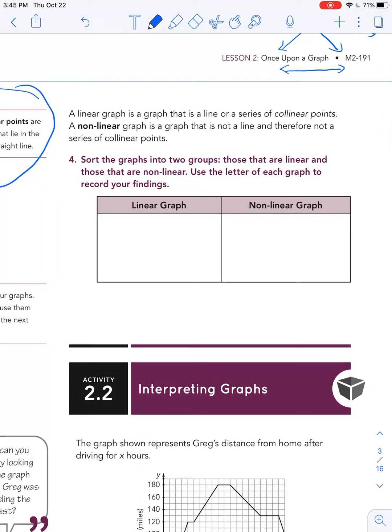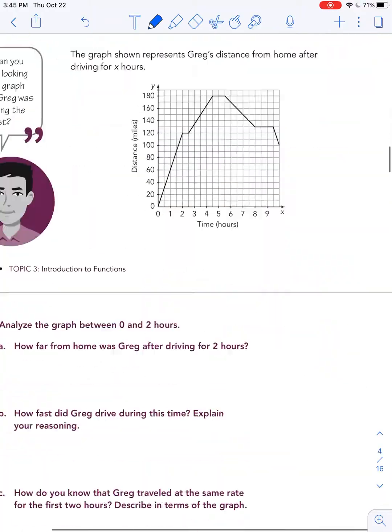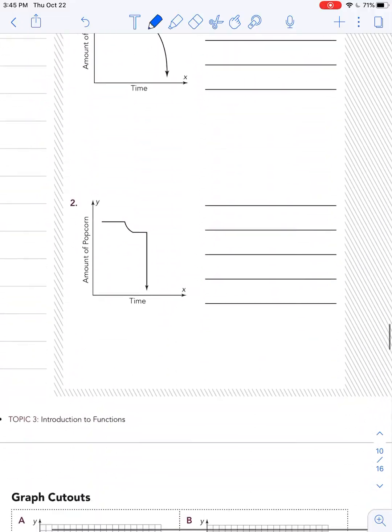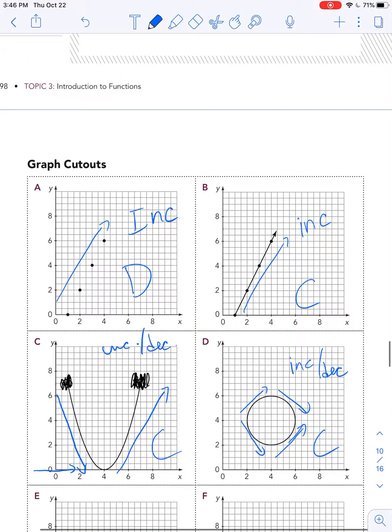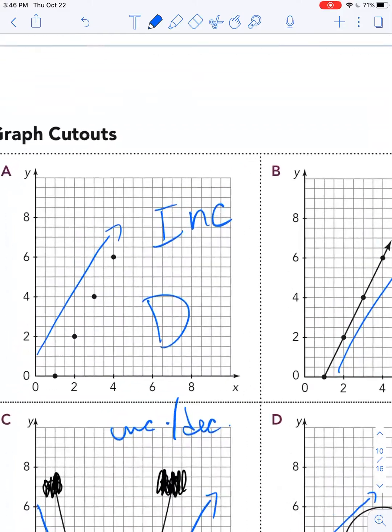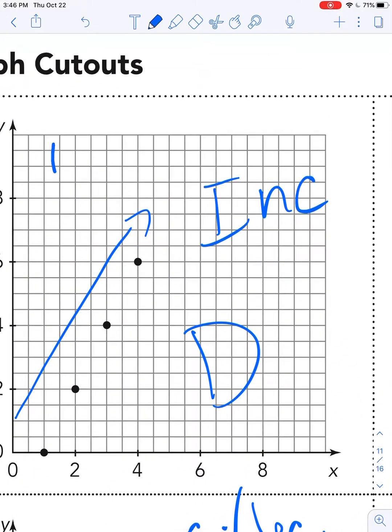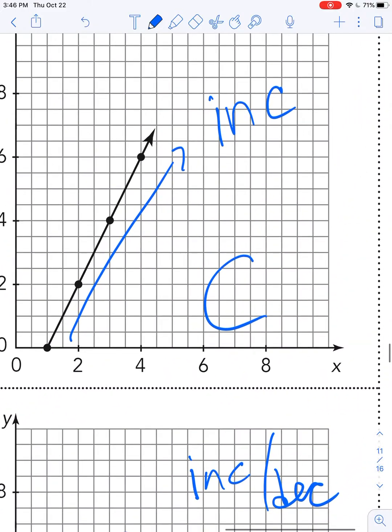A nonlinear graph is a graph that is not a line, therefore not a series of collinear points. So if I look back, I know, one more time back down here. The letter A, that would make a line, so this would be linear. This one makes a line, so that would be linear.